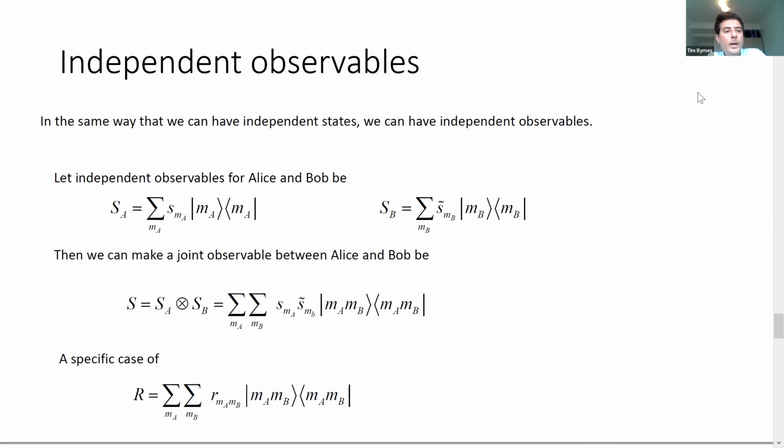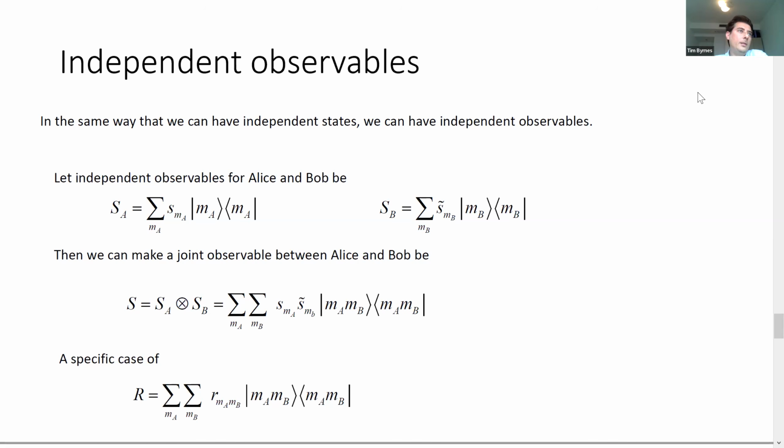So in a similar way to how we had independent measurements, we can also have independent observables. Say Alice and Bob are doing individual measurements, Alice is measuring her particle and Bob is measuring his particle.